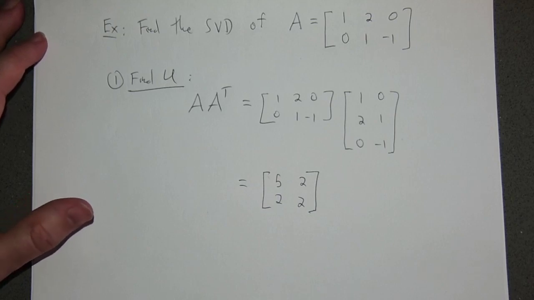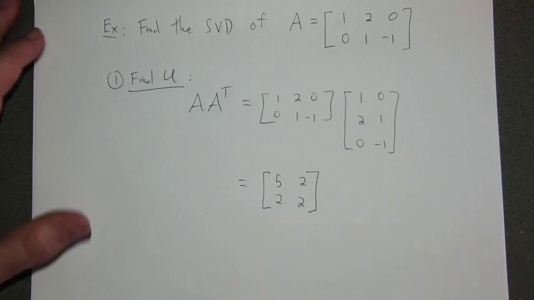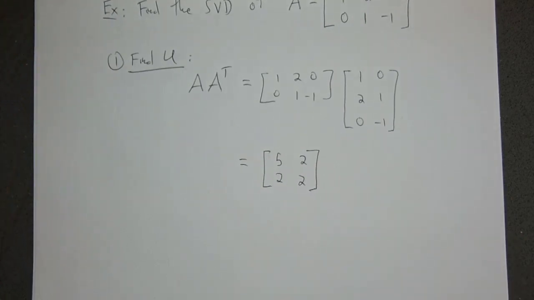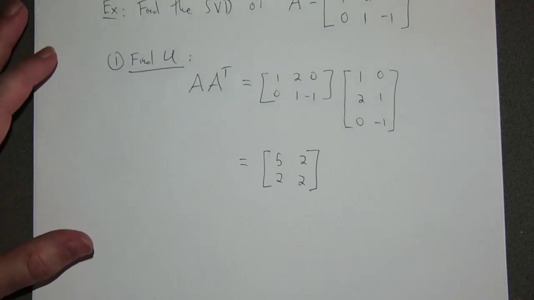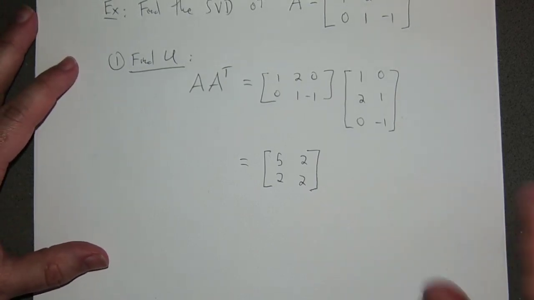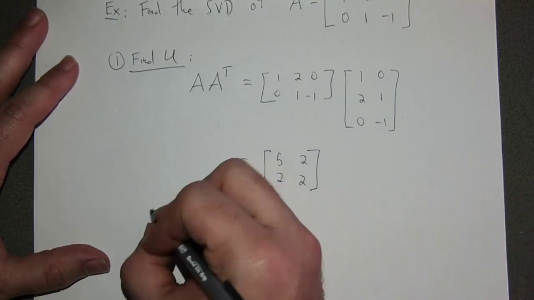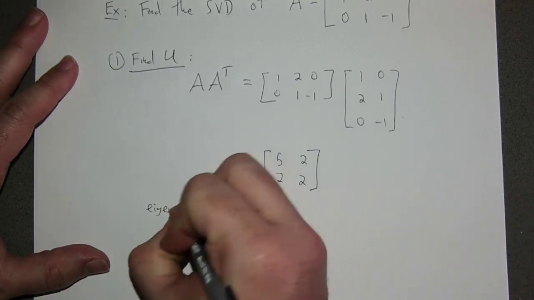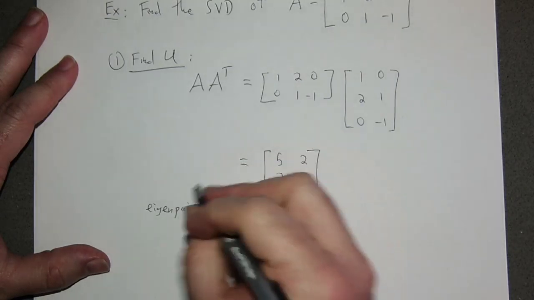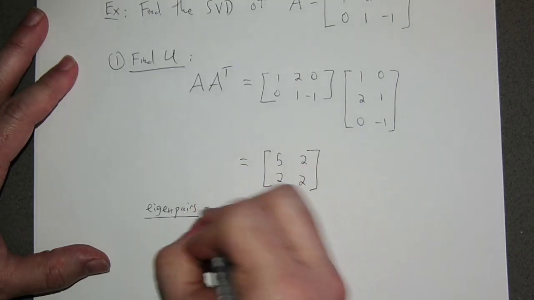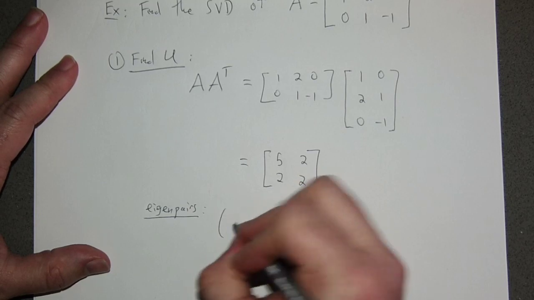Okay. Now, in order to find U, I need to find the eigenpairs for these associated eigenvalues. So what are its eigenvalues? It turns out the eigenvalues for this one are 6 and 1. And here's the associated eigenvectors. So the eigenpairs are as follows.